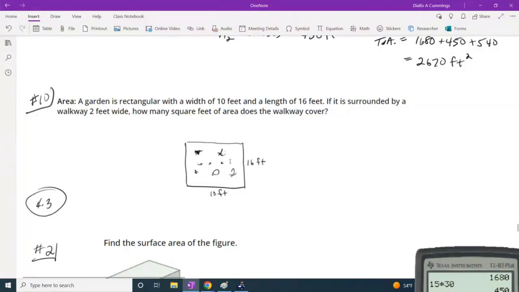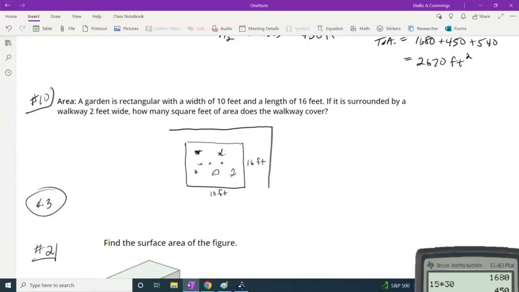Okay, so this is the garden, so we don't want to walk in the garden, but it's surrounded by a walkway that's 2 feet wide. So this is like the walkway.